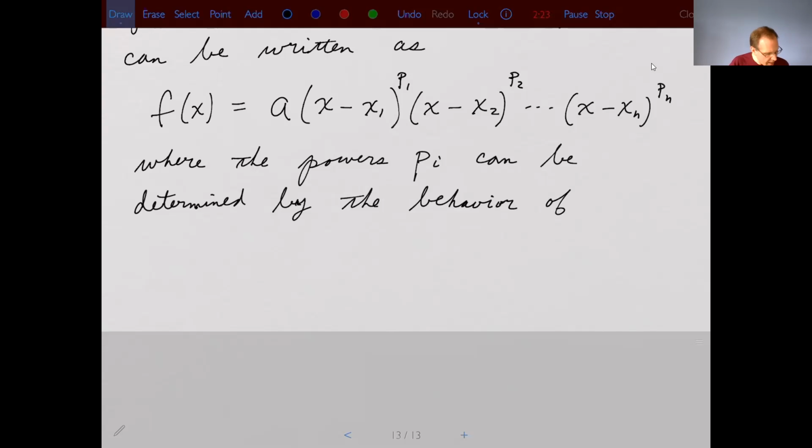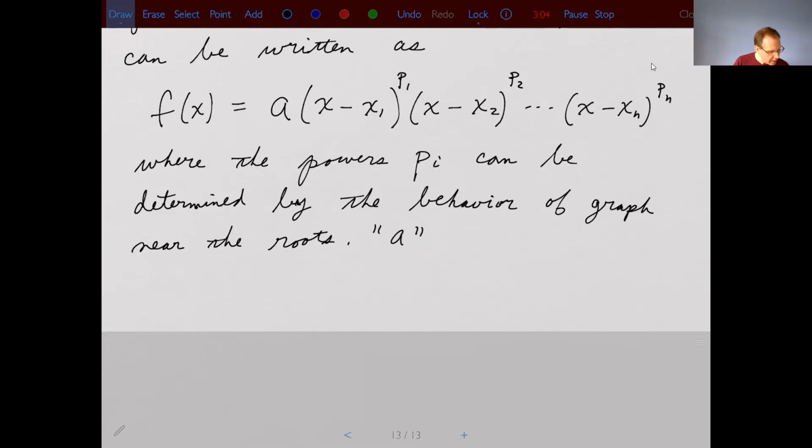And really what we mean by that is by the behavior of the graph near those roots, right? Near the x-intercepts. So if it looks linear, then we know that the power is going to be a 1, right? The exponent will be a 1. If it looks like a parabola, quadratic, then we know that the power or the exponent is going to be a 2. And if it looks like a cubic function, then we know the power is going to be a 3.